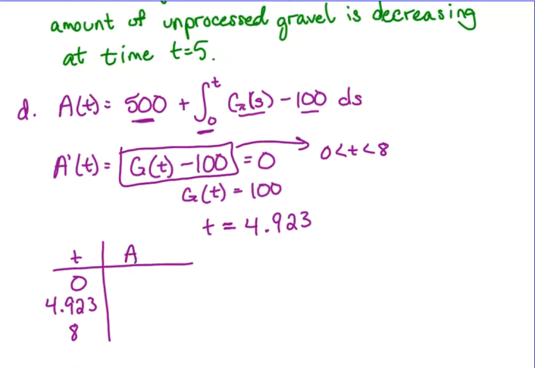And we are plugging this into our A of t function right up here. If you want to put that in your calculator in some way, you need to figure it out. So obviously at time 0, the amount is 500. That kind of makes sense. That's how much we started with. When you plug in 4.923, and also don't round right here, 4.92348.